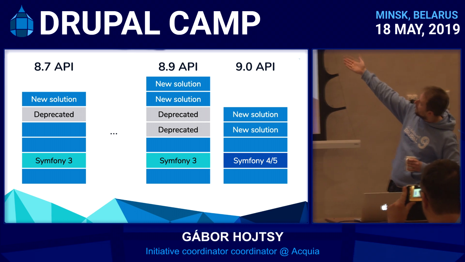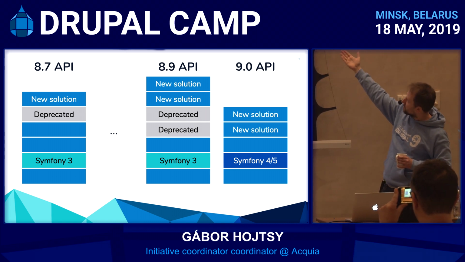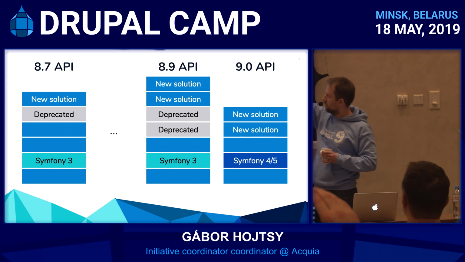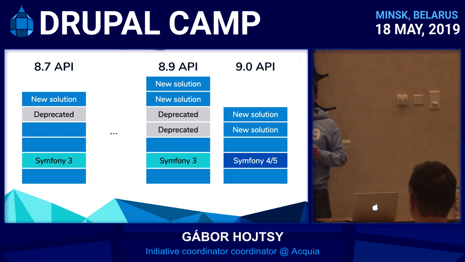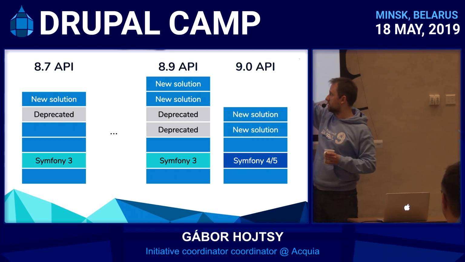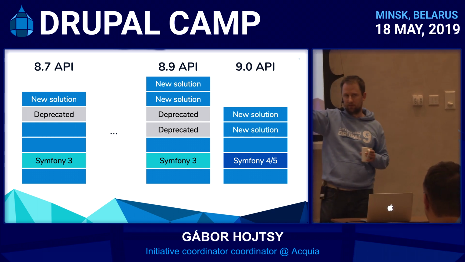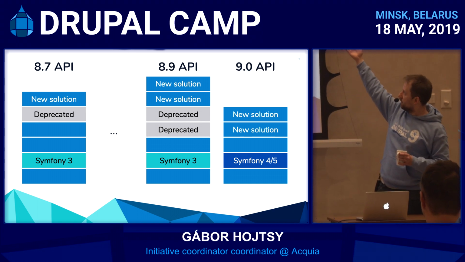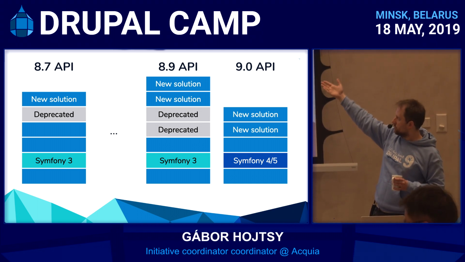So basically, 8.9 is the same as Drupal 9 if you are not using deprecated code, and if you're not using anything from the old dependencies, or you're only using things that are compatible with the new dependencies.